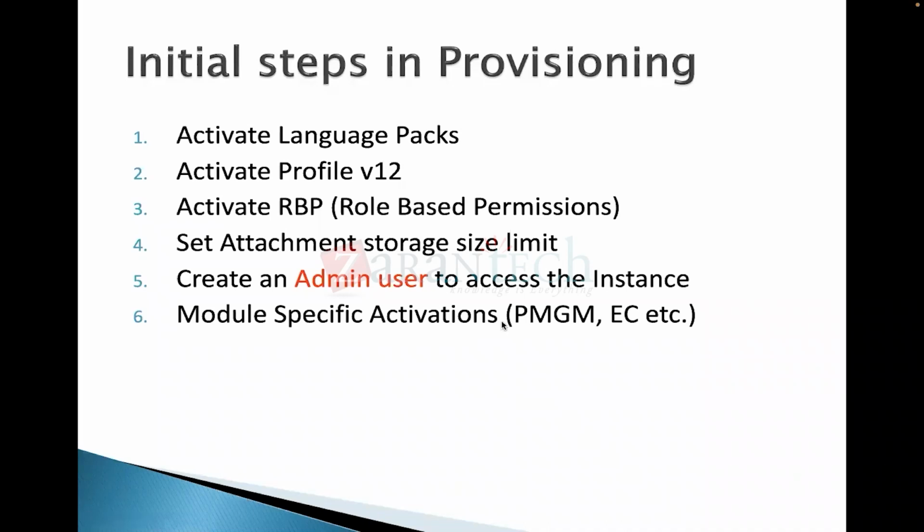Whether you are an EC consultant, recruitment consultant, whoever, everybody has to make sure of these things. And once you are done, if you have already completed the requirement gathering sessions, then you can do your regular configurations on the instance side. That is the way. Okay.